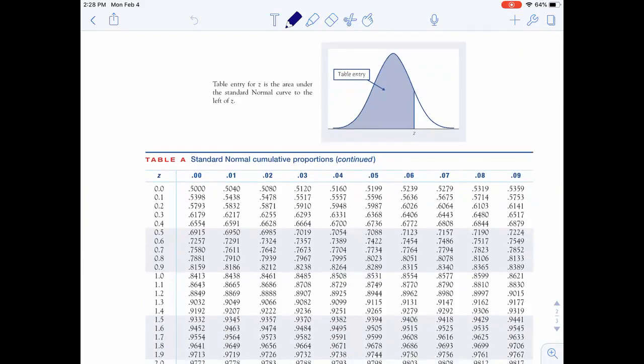I think here we go from 0.7486 to 0.7517. I need to use my calculator. 0.75 minus 0.7486 is 0.0014, whereas this one is 17 away.